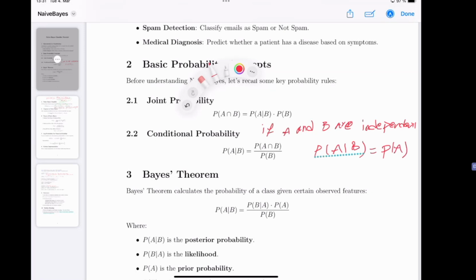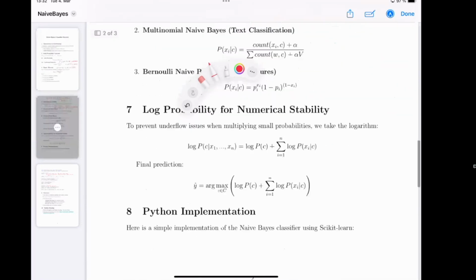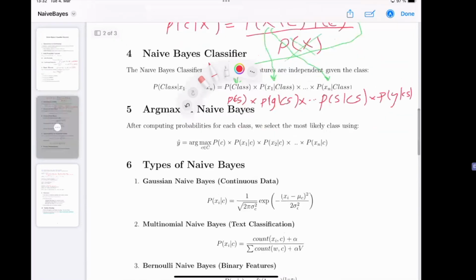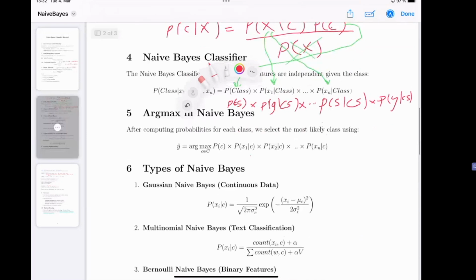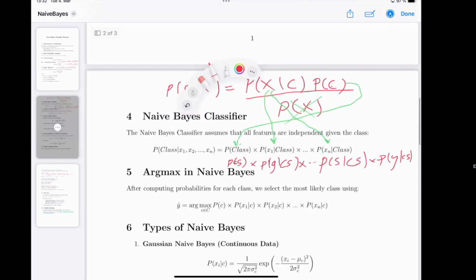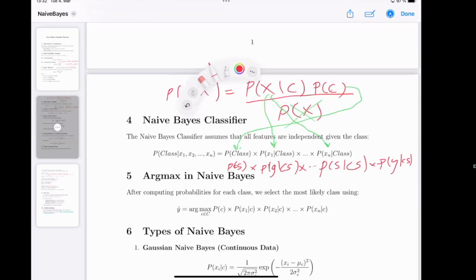P of A. It doesn't depend on B. So in the case of independence, the joint probability of A and B is simply the multiplication of their probabilities. That is why here we have this assumption that the joint probability of these things is simply the multiplication of them.